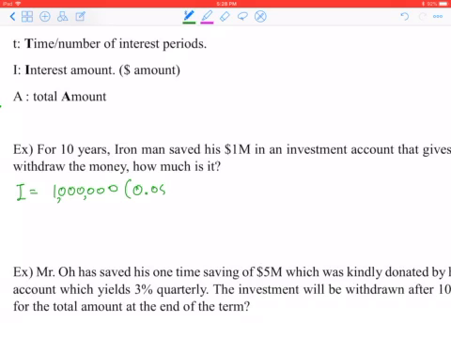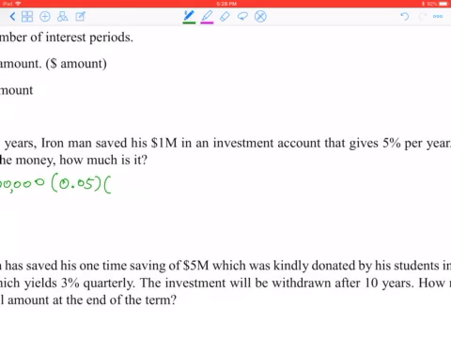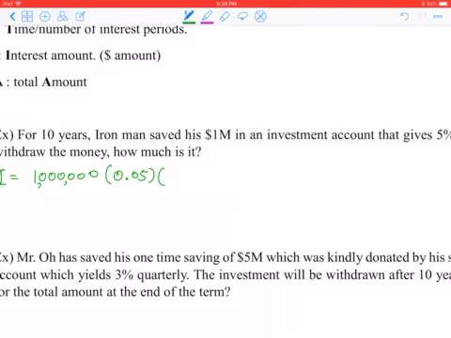So it has to be in decimal, right, not in percentage. Then times the number of years. Because it is 5% per year, every year it is 5%, and that is happening 10 times, because it is 10 years. Now do your calculation, and I assume this becomes 500,000.